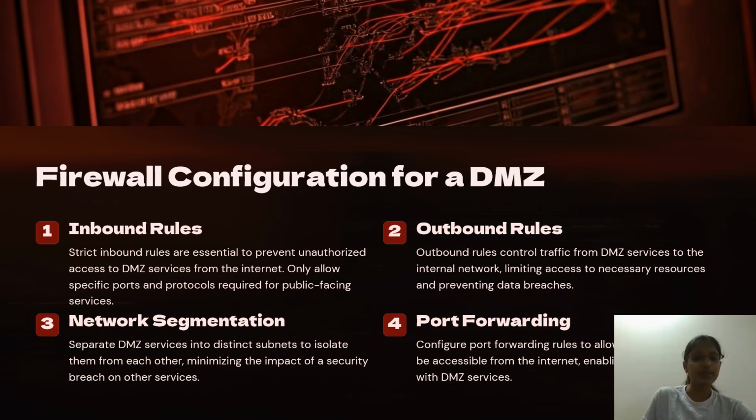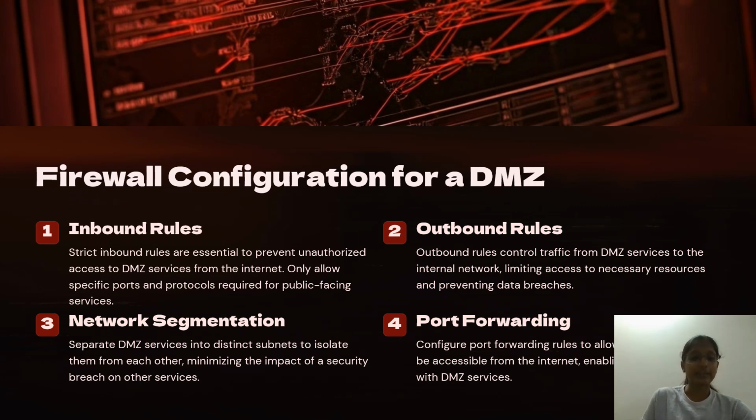Then I have inbound rules. Strict inbound rules are essential to prevent unauthorized access to DMZ services from the internet. Only allow the specific ports and protocols required for public-facing services. Then I have outbound rules. Outbound rules control traffic from DMZ services to the internal network, limiting access to necessary resources and preventing data breaches.